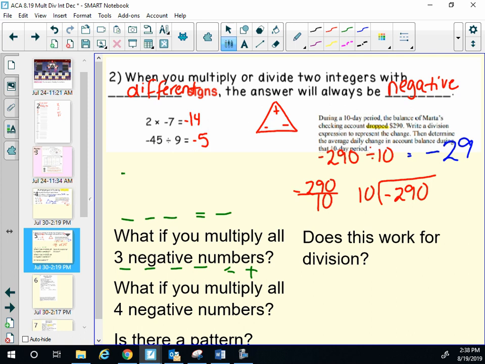Positive. And we know that when we have 2 negatives, our answer was positive. What kind of pattern did we see? Every even number of negatives equals a positive, and every odd number equals a negative. If you have an even number of negatives, you're going to be positive, and an odd number of negatives that you're multiplying or dividing will be a negative.